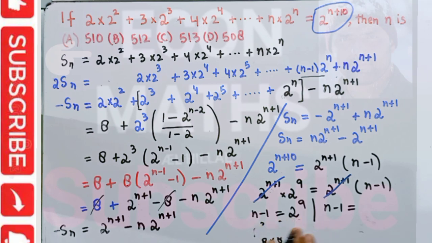So here we will get 512. That means n minus 1 is equal to 512. Transposing it here, plus 1, that means n is equal to 513 will be our answer.